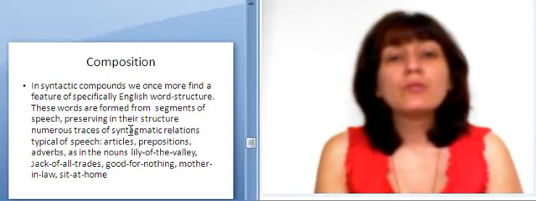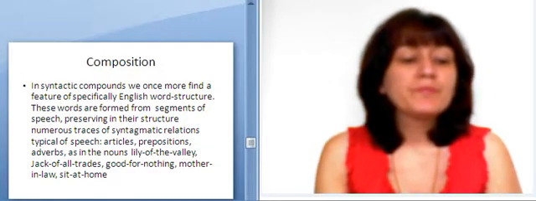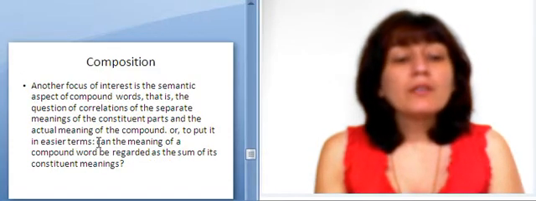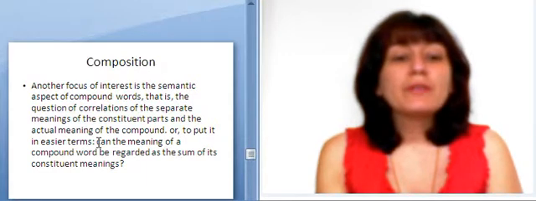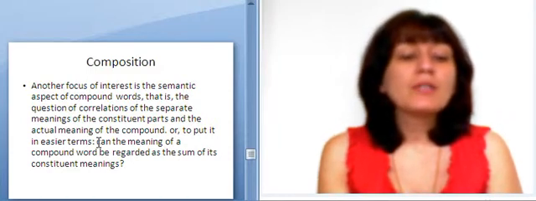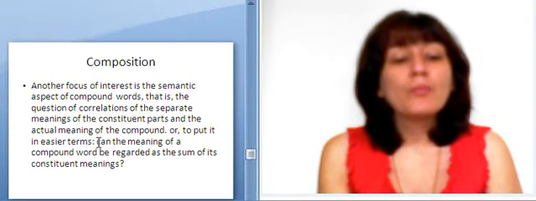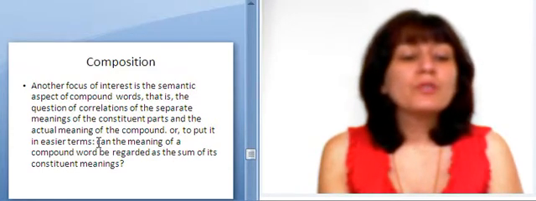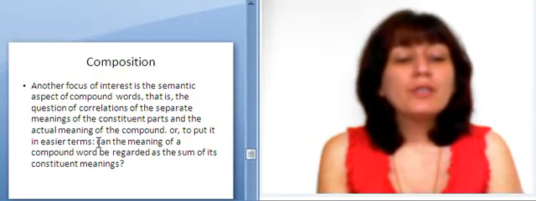Another focus of interest is the semantic aspect of compound words. That is the question of correlations of the separate meanings of the constituent parts and the actual meaning of the compound. Or, to put it in easier terms, can the meaning of a compound word be regarded as the sum of its constituent meanings?